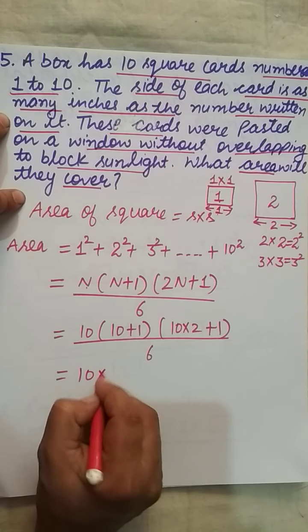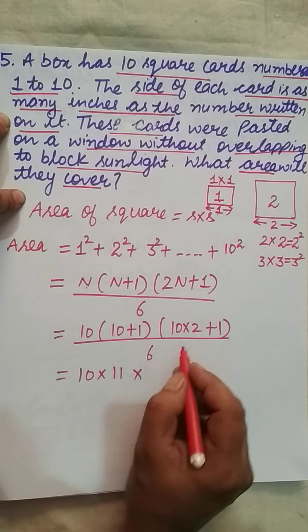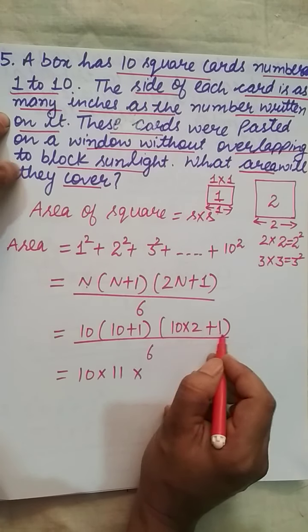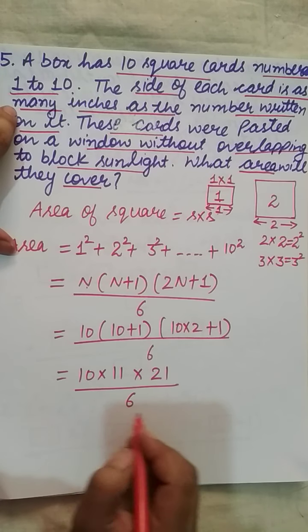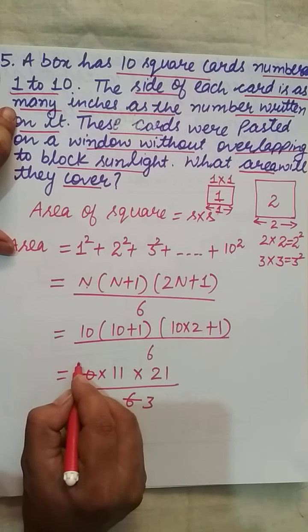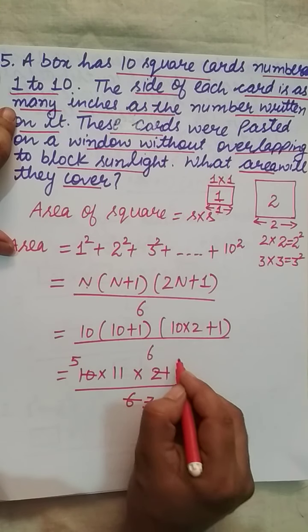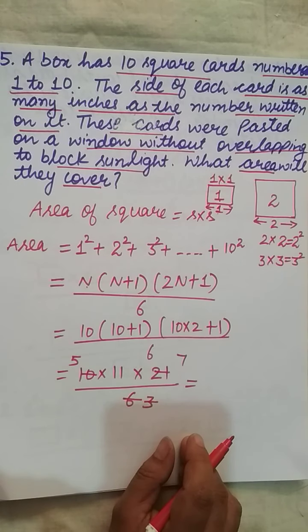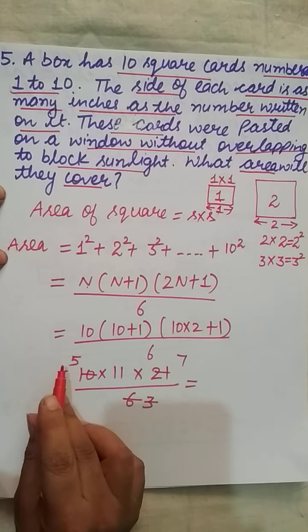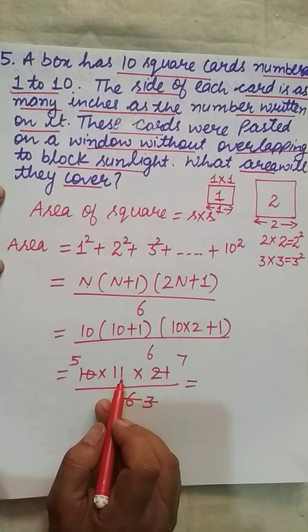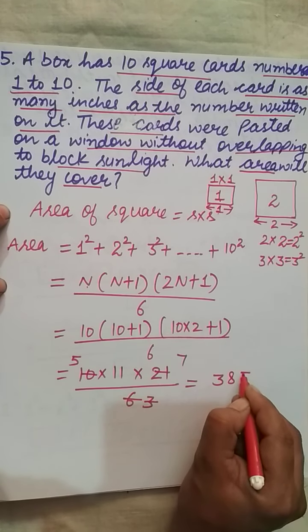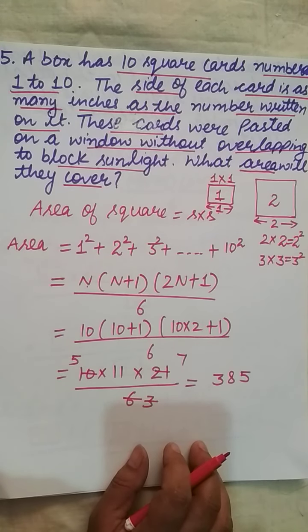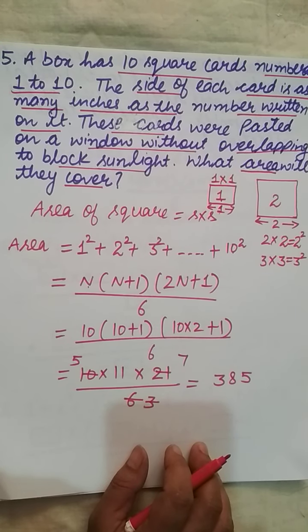This is equal to 10 multiplied by 11 multiplied by 2 times 10 is 20, 20 plus 1 is 21, divided by 6. Now do the simplifications. 3 twos are 6, 5 twos are 10, 3 sevens are 21. Now 5 multiplied by 11 multiplied by 7 is equal to 385. So the area covered by all the cards is 385.